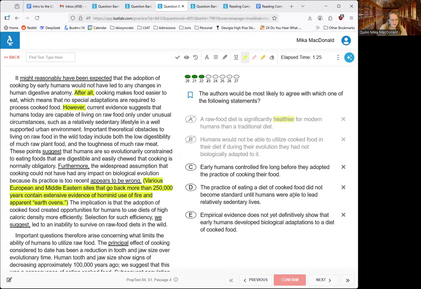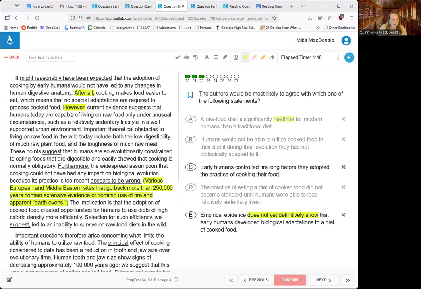D is definitely contraindicated, right? For one, like 250,000 years ago, humans did not live sedentary lives. So I don't think D. Now, E, look at that tone. I love that. That feels like this author, right?